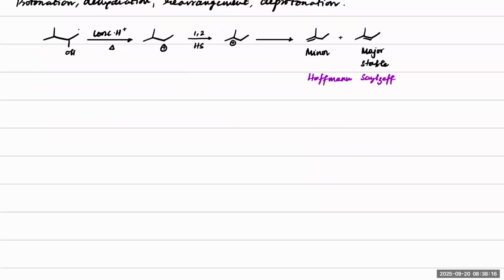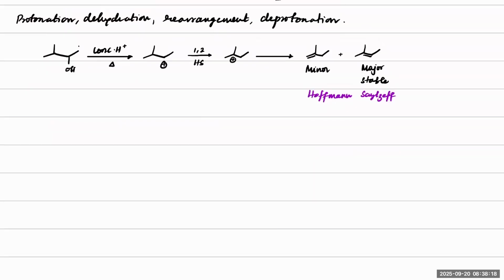See, if at all I have a compound like this with alcohol here, and then you react with concentrated H plus and heat. In that case, what will happen? First, protonation will take place, positive charge will come here.